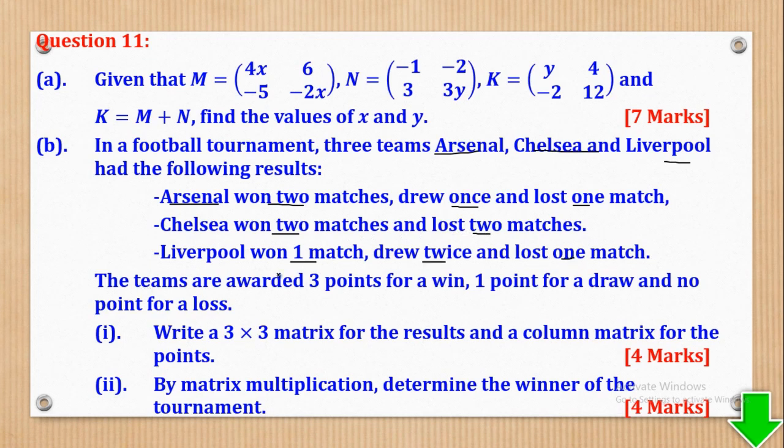The teams are awarded 3 points for a win, 1 point for a draw, and no point for a loss. Roman 1. Write a 3x3 matrix for the results and a column matrix, note this word, column matrix, for the points. Then Roman 2, by matrix multiplication, determine the winner of the tournament.